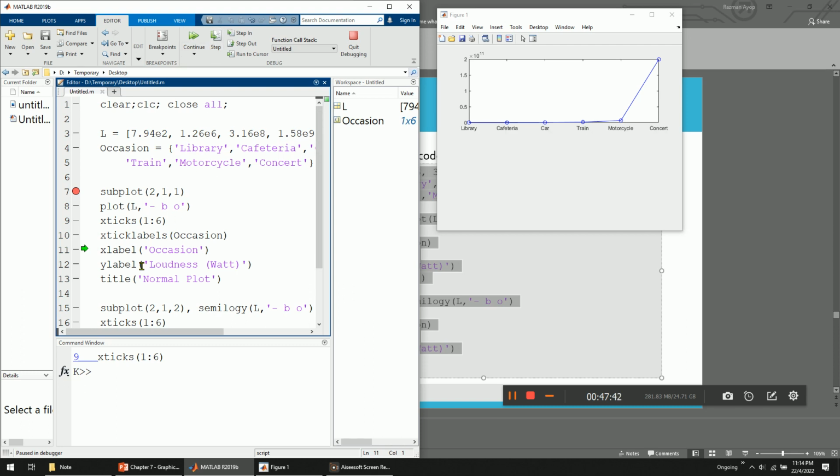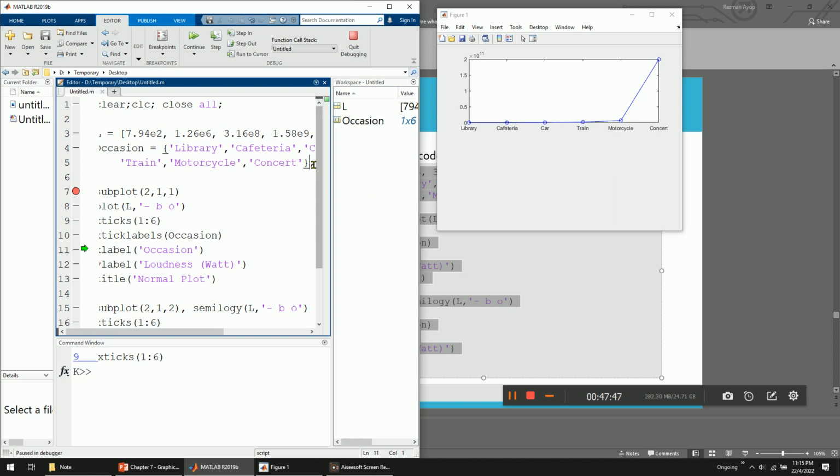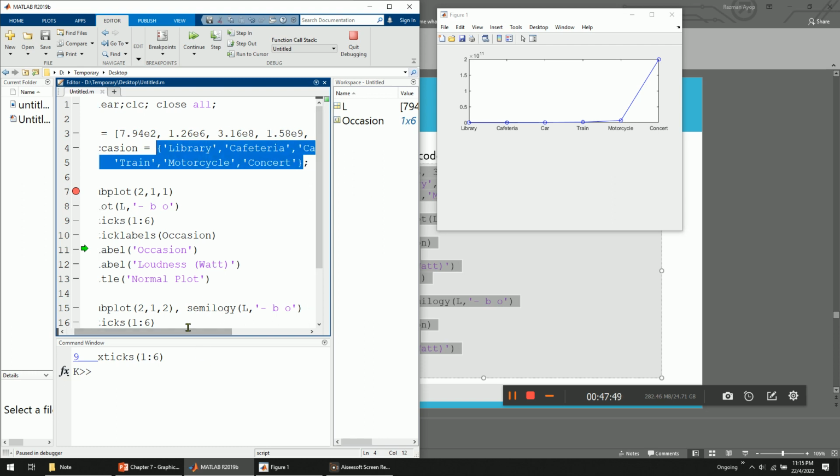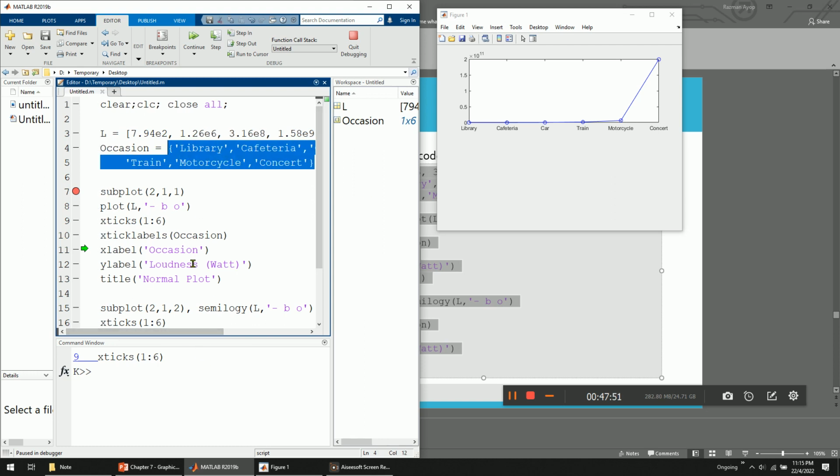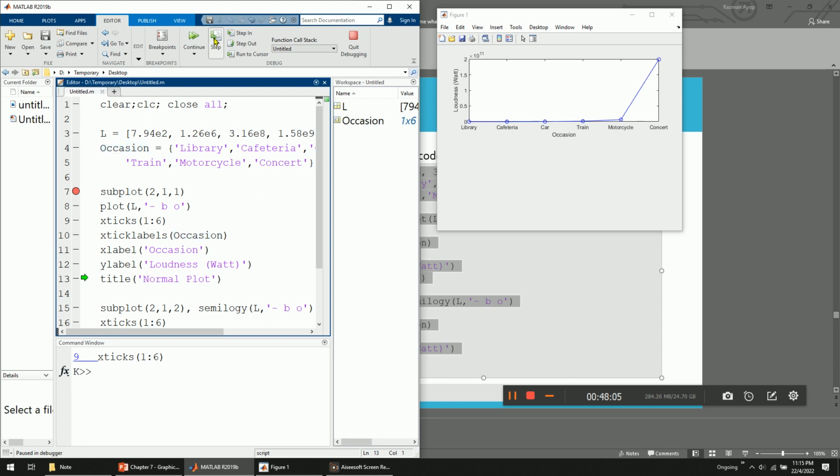And then you label the tick with the occasion. So you just replace this. You can see here there is no percent something, because you don't use 1, 2, 3, 4, 5 anymore, you just directly take this value. And then this one is just xlabel, ylabel, and the title.